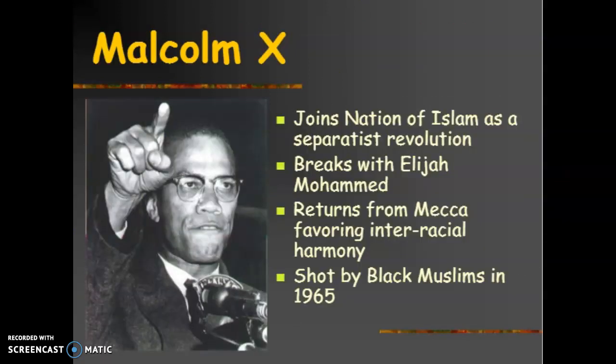Now, another member of the civil rights movement was by the name of Malcolm X. He joined the Nation of Islam as a separatist revolution. He came from up north, but he got involved with Islam, and so he made the trek to Mecca, where he had a big religious experience, and whenever he came back, he favored interracial harmony.